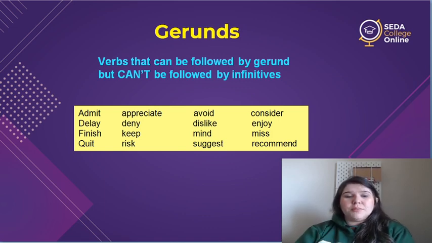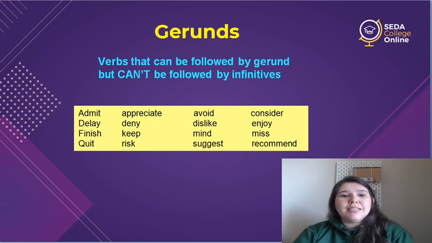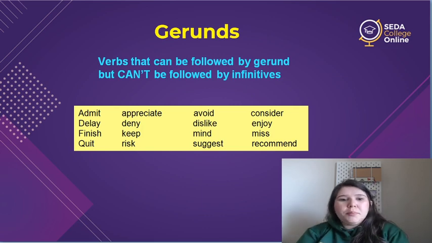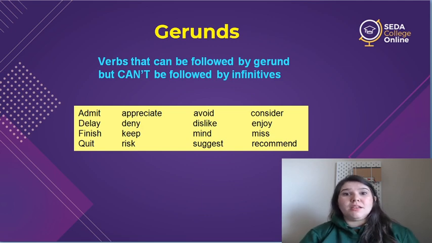So the verbs are admit, delay, finish, quit, appreciate, deny, keep, risk, avoid, dislike, mind, suggest, consider, enjoy, miss, and recommend. So every time you use one of these verbs and you need a second verb in the sentence right after the main verb, it has to be in a gerund form.